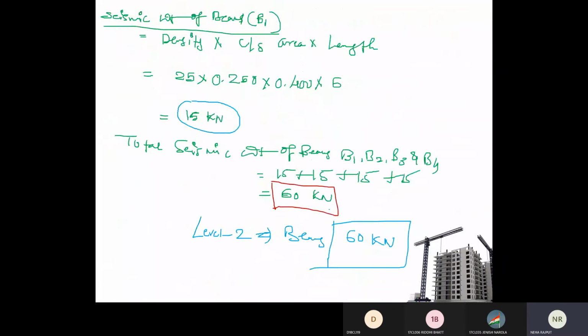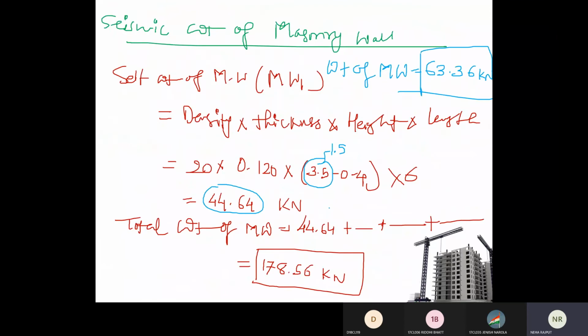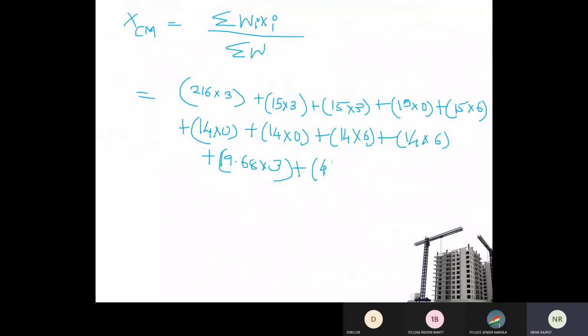Same as the beam. 44.64 into 3 plus 44.64 into 3 plus 44.64 into 0. If you don't want to write the 0 term, you can skip it. But here, just for the understanding of the other people, those who are absent, I am writing it, plus 44.64 into 6.